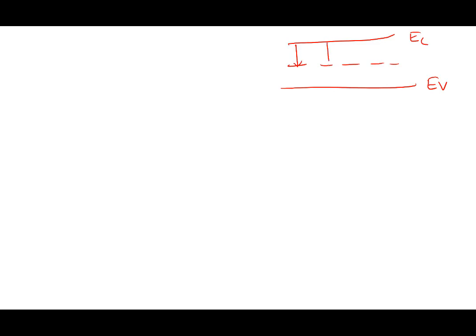Let's focus on processes 1 and 2, because whatever I say about 1 and 2, the same applies to holes. Capture of holes and emission of holes are similar. Once I understand capture of electrons and emission of electrons back, then I know 3 and 4 also. There's a similar process here. So one is capture of electrons.